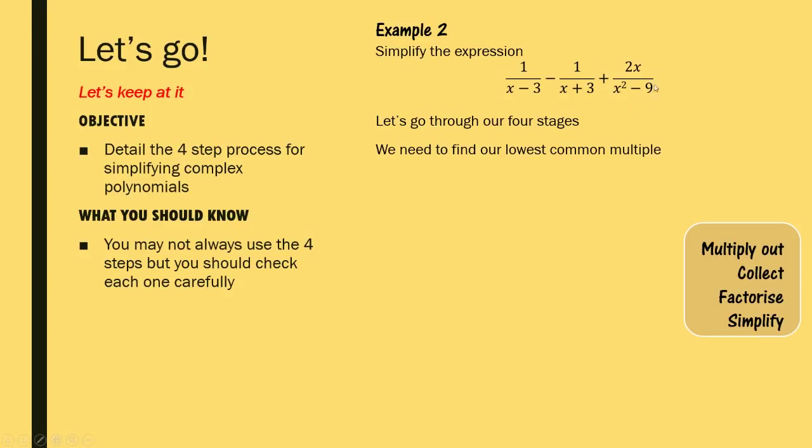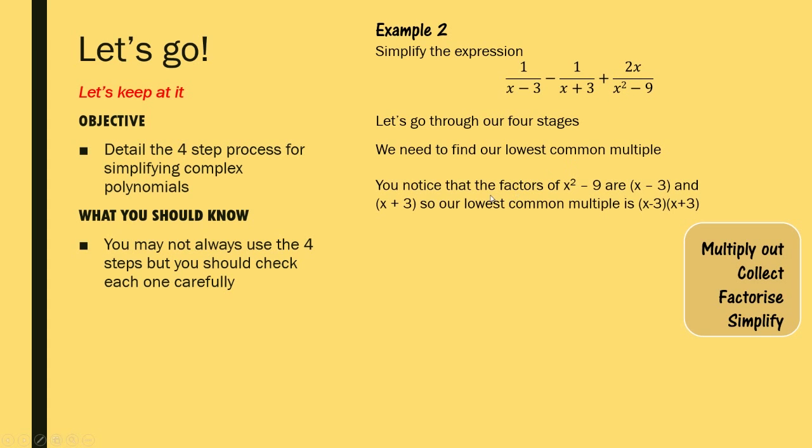As was explained to you when we were doing the quadratics, you just recognize that x squared minus 9, when you factorize it, is the difference of two squares. Go back to your examples in the second unit for this. When I factorize that, it becomes the square root of x and the square root of 9, with plus and minus between them. So you get x minus 3, x plus 3, which, funnily enough, are the bottoms of these.